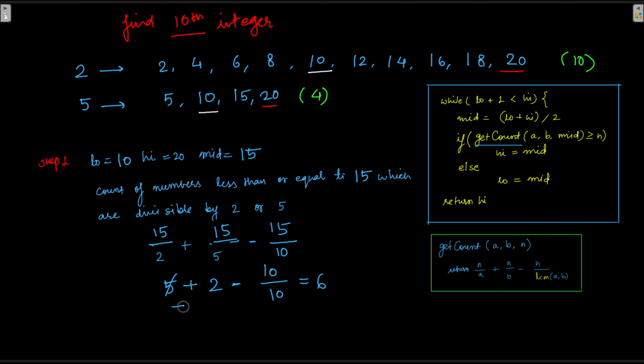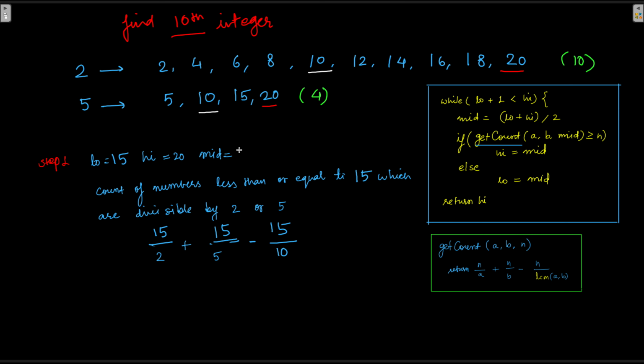We get 7 here. In this case, we get 3 here, minus 1. 7 plus 3 is 10, minus 1 is 9. Is 9 greater than or equal to 10? It is not. So again, we go and change our low, and our low becomes 15.